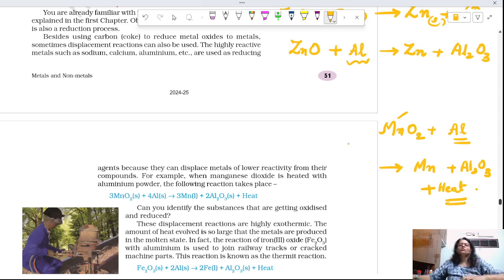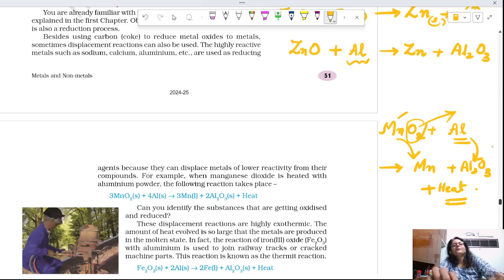So which gets oxidized or reduced? Obviously, you can see there is removal of oxygen over here. So manganese dioxide gets reduced and aluminium is the one that gets oxidized.